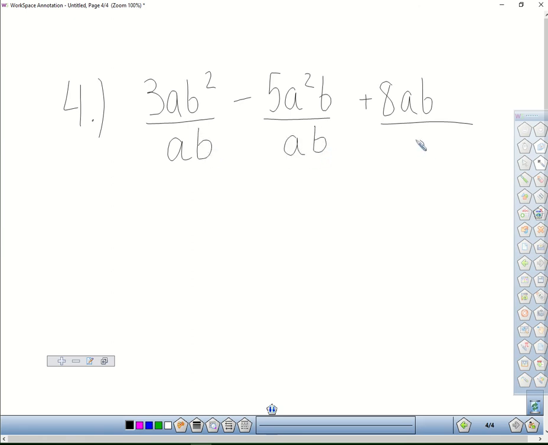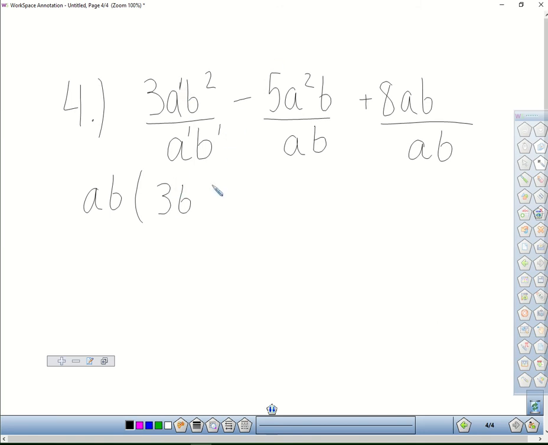And they're both to the first power because that is the lowest term, basically the term that has the lowest a and b. So when I divide everything by ab, that means I'm factoring ab out. And this is going to become 3b because I subtract exponents. And remember, when there is no exponent, it's just 1.